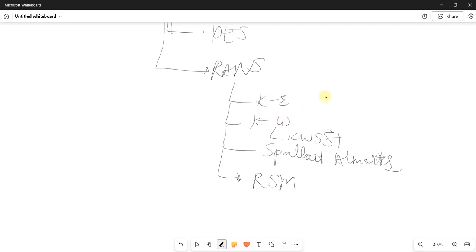K epsilon is the model where you have epsilon, that is your turbulent dissipation rate, so the rate of dissipation of turbulent energy across the scales, that we saw. This is used more when it is away from the walls, like a free flow stream.